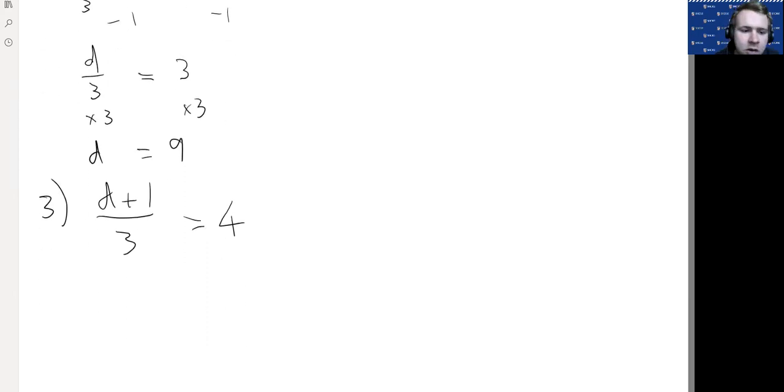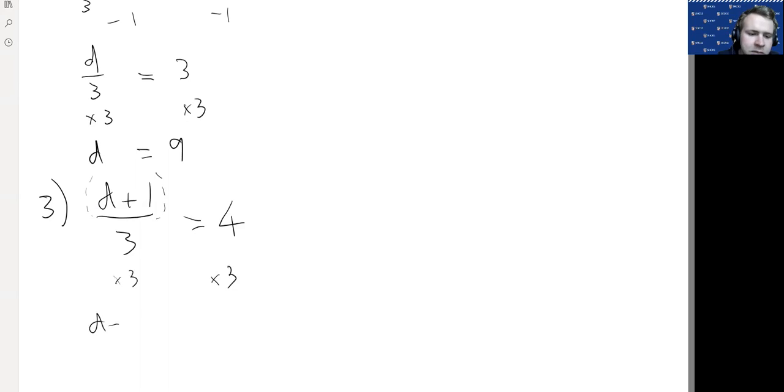For this one, however, we've got a long fraction, and we need to remember that there's a sort of hidden pair of brackets around the top when we have a long fraction, which means the plus 1 is part of the fraction. Because we have brackets, our reverse order of operations, BIDMAS backwards, means that we do the brackets last, which means we have to times by 3 first.